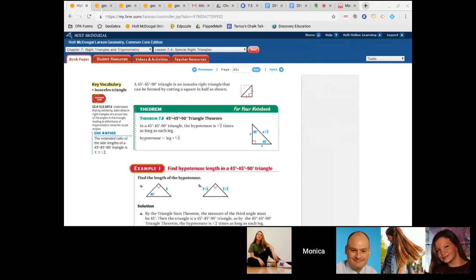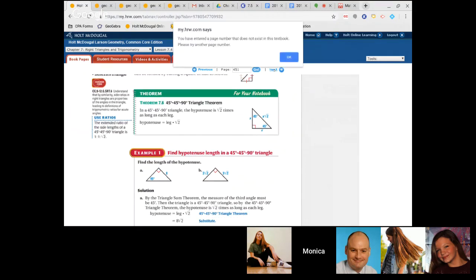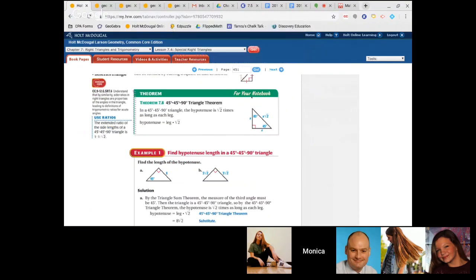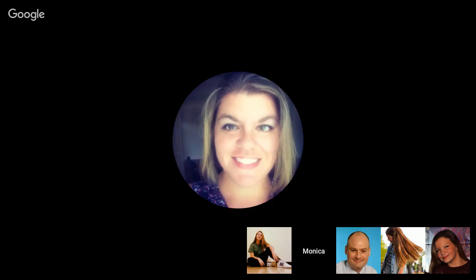Okay, so x over x equals 1, right? And then the next page or the page after that, but it's logged me out, so I can't do that. In the next couple of pages, you'll have the 30, 60, 90 one, so you can look at it the same. Does that help?